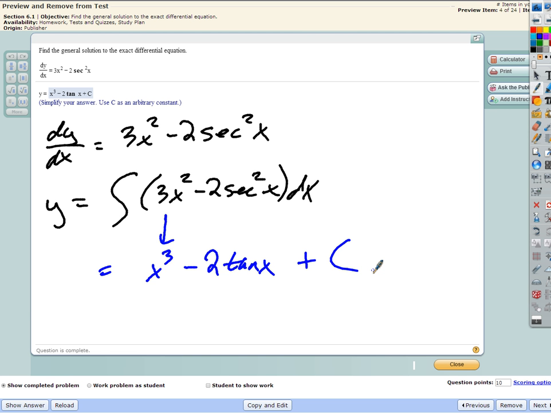It's an indefinite integral. They didn't give us an initial value or anything, so we can't go back and find out what C is. Make sense? How can I check this? Take the derivative, and I better get back that result, right? Okay, good?